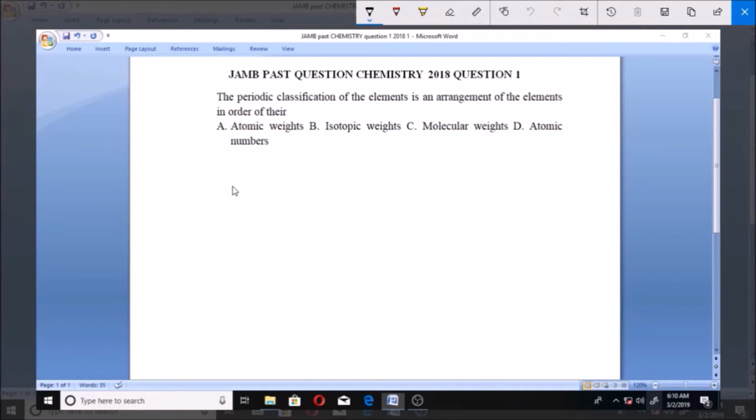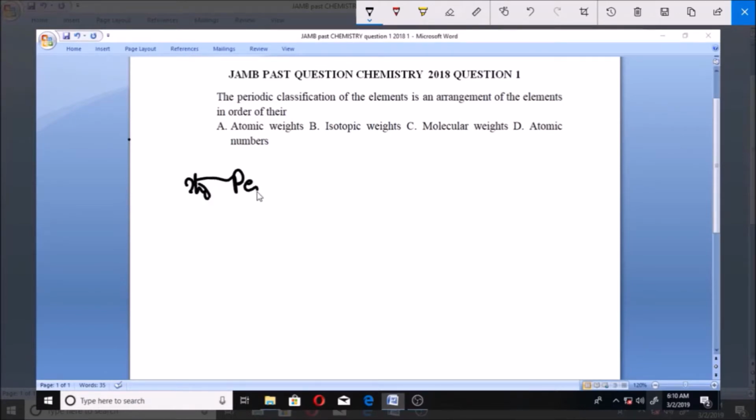Now, for us to understand this very well, we need to first of all know what the periodic table is, where we have the periodic classification of the elements. So what is the periodic table?